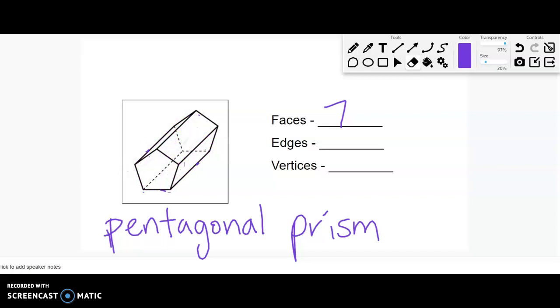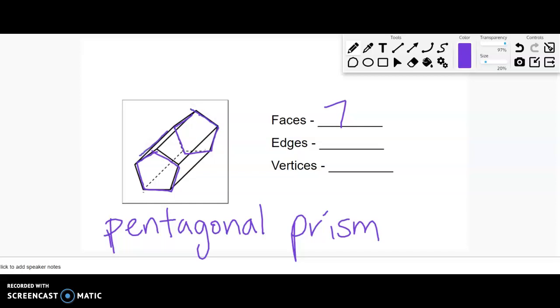Edges, I can just count the lines. If you want to do it on the Cami and actually trace over it, not a bad idea. I like to count them in some sort of pattern. So I like to count this base is 1, 2, 3, 4, 5, then the other one, 6, 7, 8, 9, 10, and then I count the long lines in between.